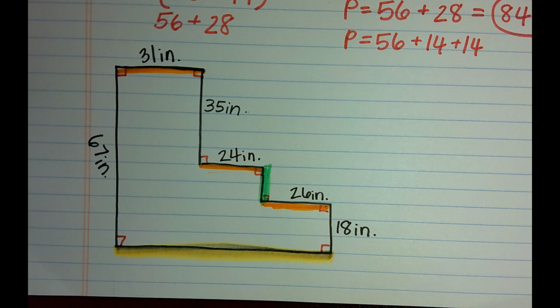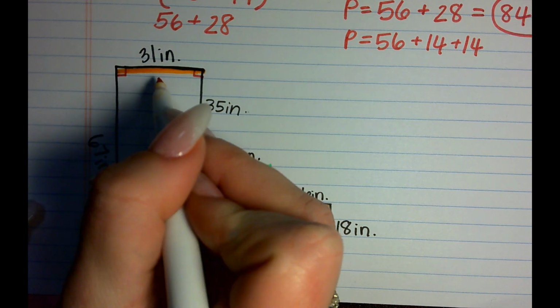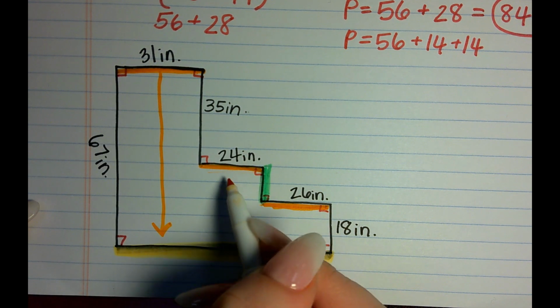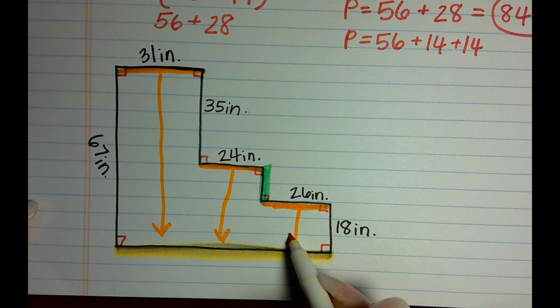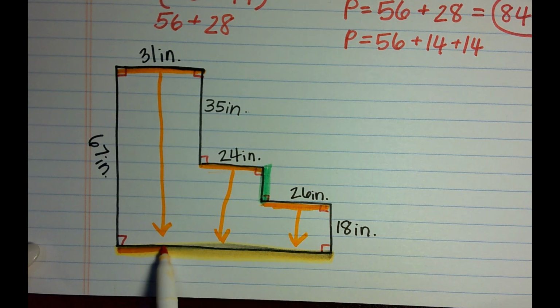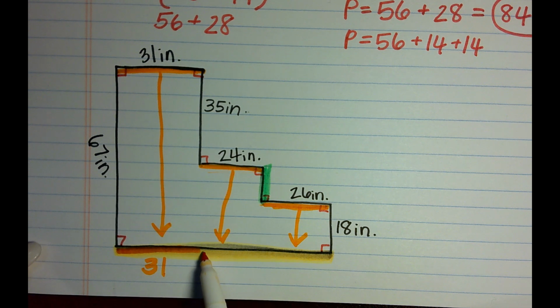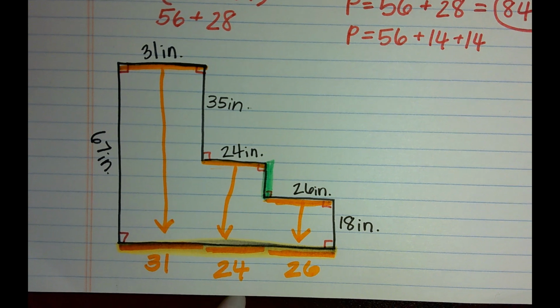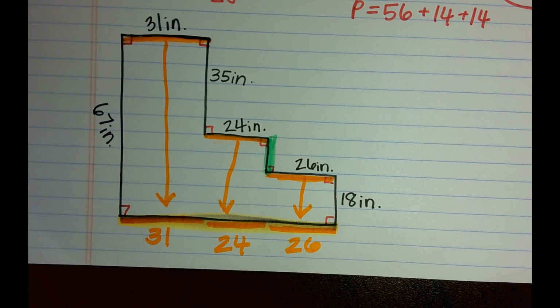All right, so I see that when I drag this side down here and this side down here and this side down here, look at this, my 31, my 24, and my 26 are going to line up and give me my overall length on the bottom, right?